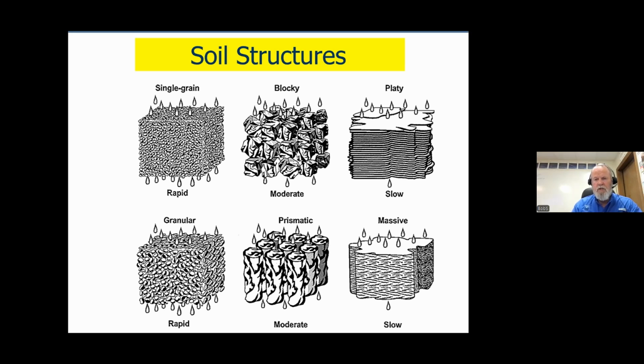And when you're dealing with clayey soil, clay is kind of like shingles on a roof. They're flat particles that impede the flow. The soil can be what's called massive, and it'll accept some water, but it just won't allow that water to move through effectively.